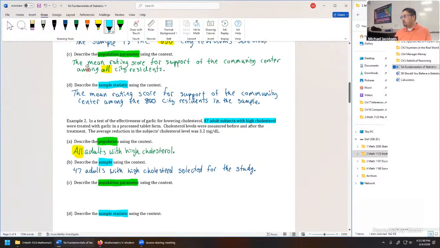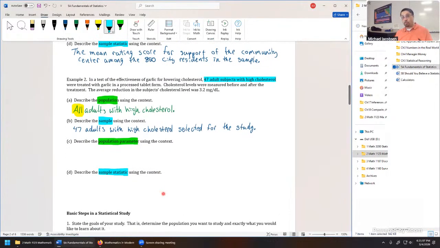So in the last problem, we didn't actually have the number for either one. We don't expect to get a number for a parameter in a real statistical study, but this one did give us an average. So this is one known value that we can put down here, but we still have to describe it and we still have to use the context. Sometimes putting in the context is the extra challenge when it comes into statistics.